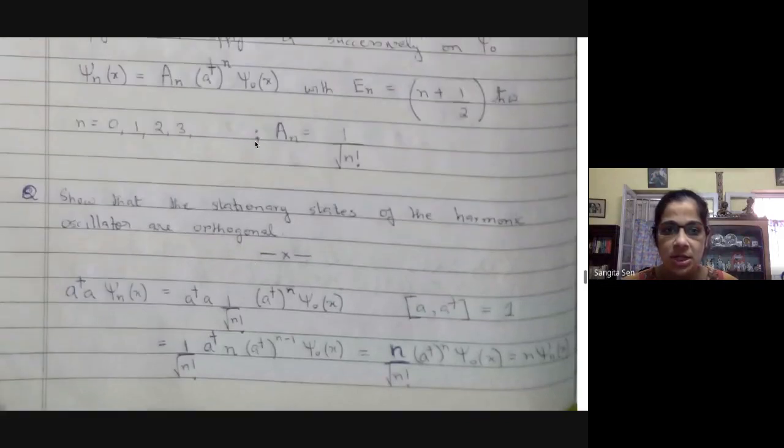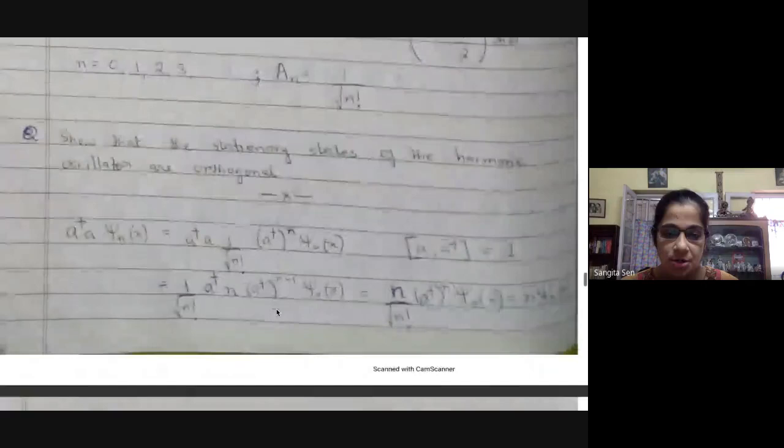I have expressed psi n here in the full form that we wrote, with a string of creation operators for the nth state. And then we use the fact that the commutator of A and A dagger is 1.